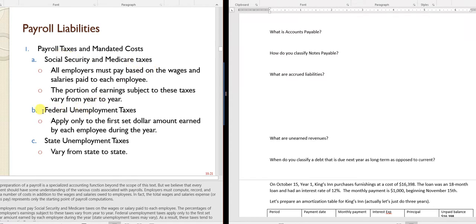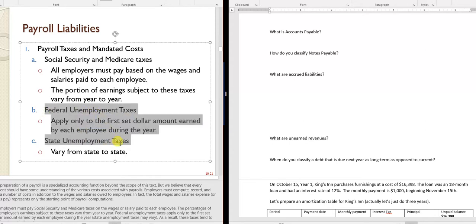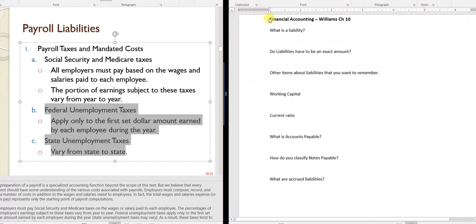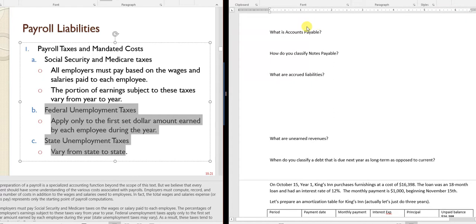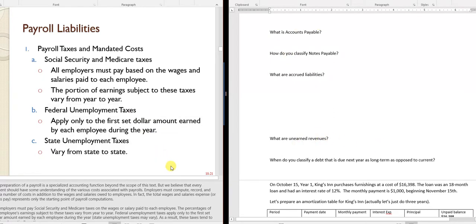Unemployment taxes, make sure that you know these two. The employer only pays, so you'll have unemployment tax expense and unemployment taxes payable. So one kind of important thing about this chapter, a lot of your credits are always going to end in payables. The next thing we're going to get to doesn't. But if it's a payable, it's a liability.